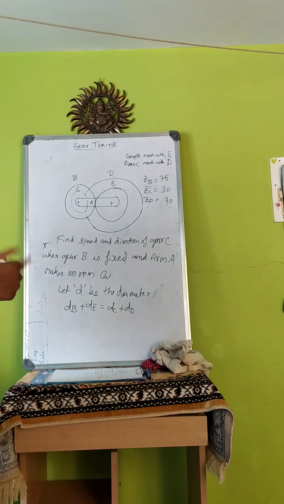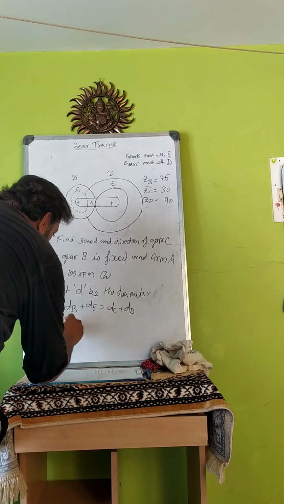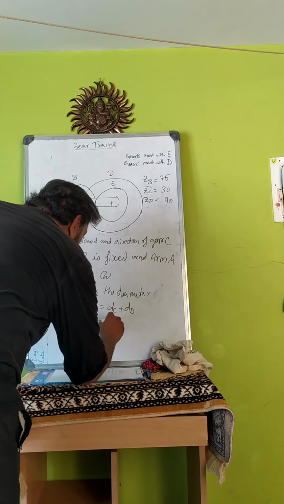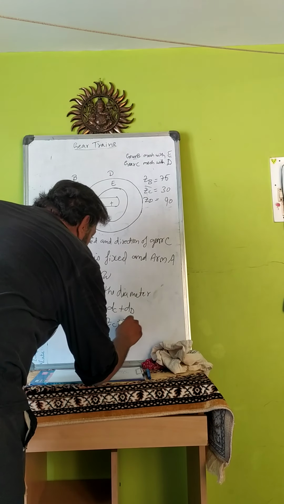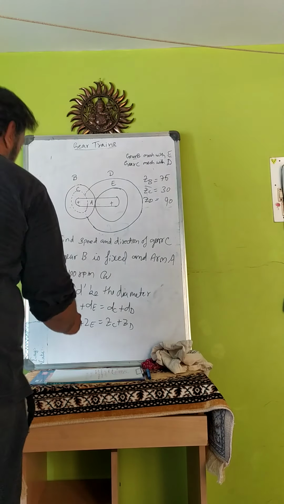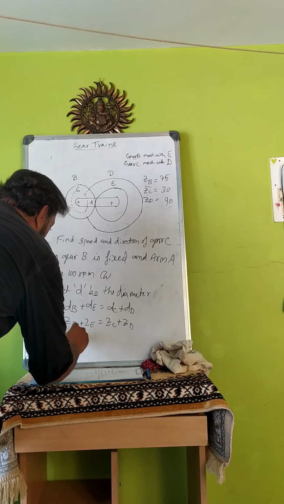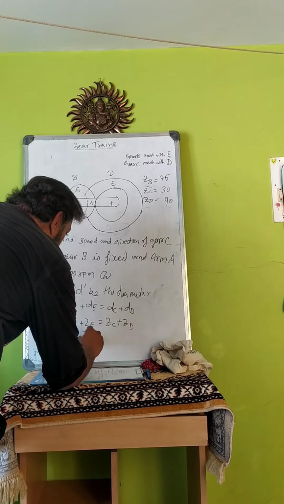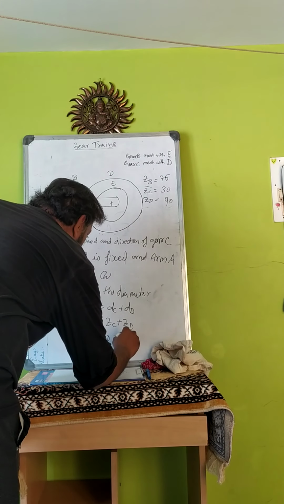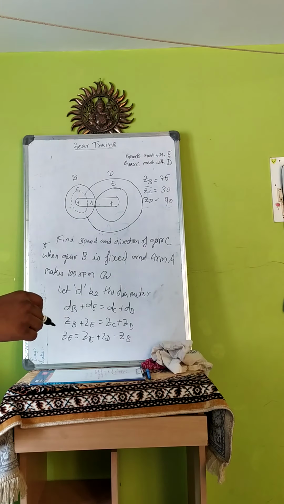Using that, we can rewrite this equation as ZB plus ZE is equal to ZC plus ZD. Now we want to determine ZE. ZE is equal to ZC plus ZD minus ZB.